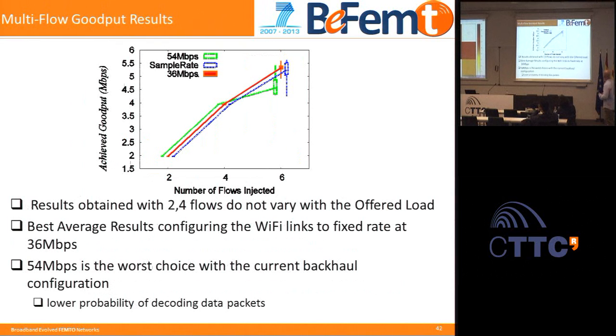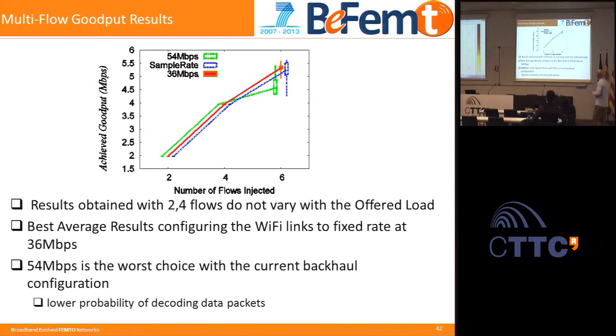Results show that, on the one hand, in the case of 2 and 4 flows injected into the network of femtos, the achieved output was not different for the different rate configurations. But in the case of 6 flows, we get an upper bound on this testbed setup.